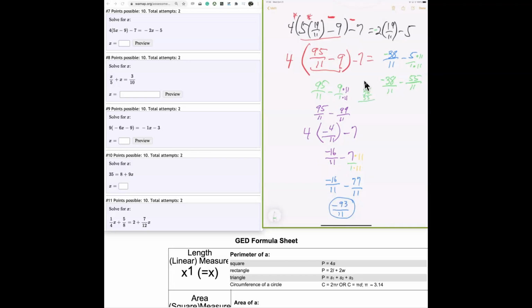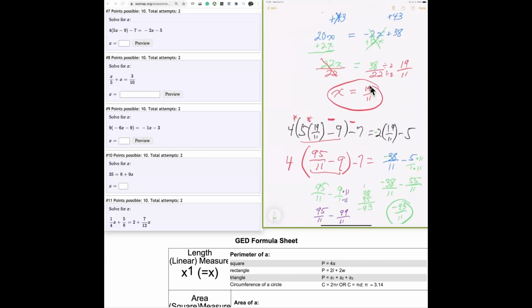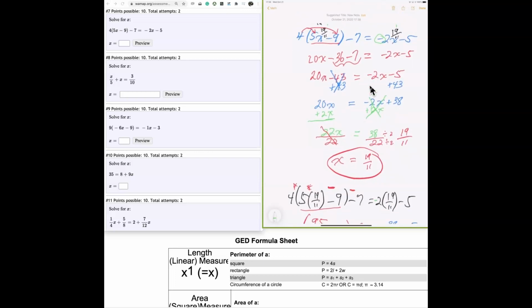These are negative. So we're going to combine, we have 93 and that's negative. So we have negative 93 elevenths. Okay, so this weird looking fraction, negative 93 elevenths, it's hard to even imagine what that could be, is the only answer that satisfies this equation.